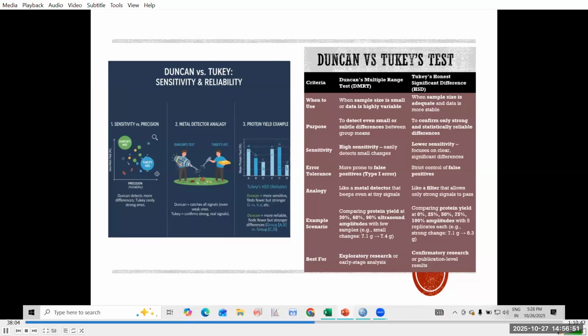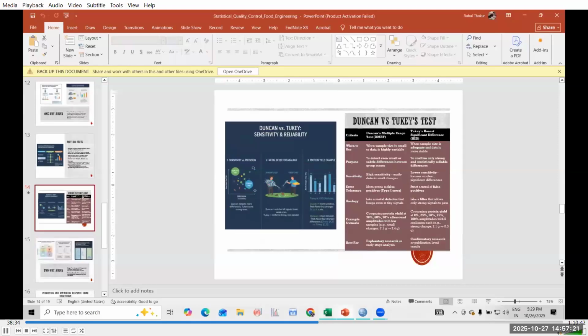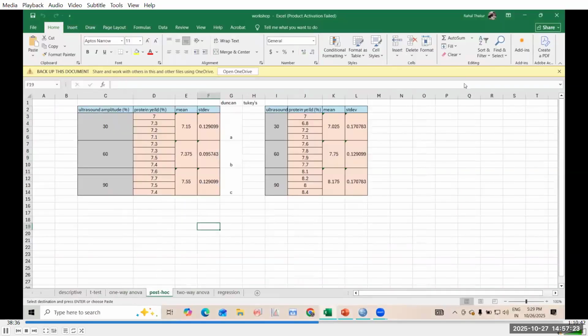The Duncan test is like a metal detector, it beeps even at tiny signals. But Tukey's test is like a filter. It only passes strong and clear signals. Basically, in research, Duncan is used for early exploration, while Tukey's is for more confirmatory, publication-level work. Then we'll see in the SPSS software how it differs.